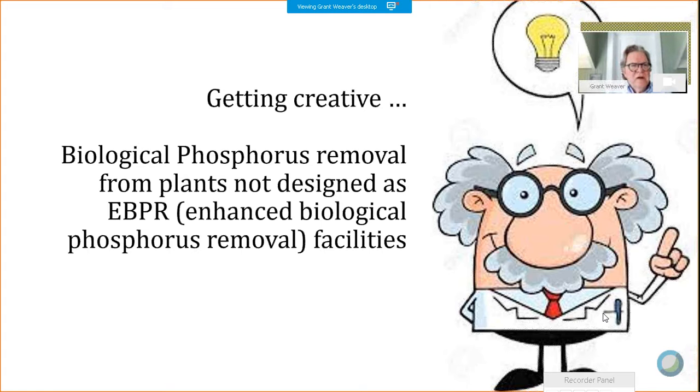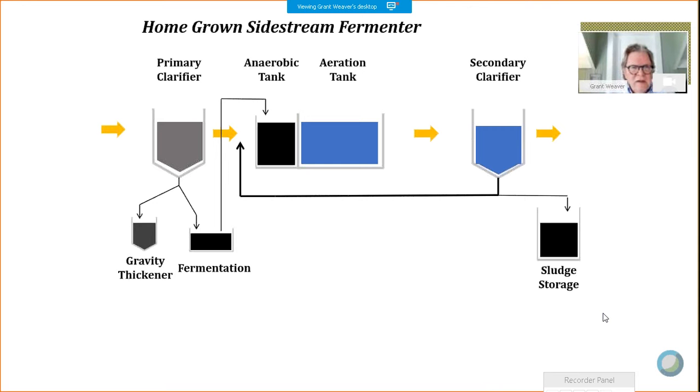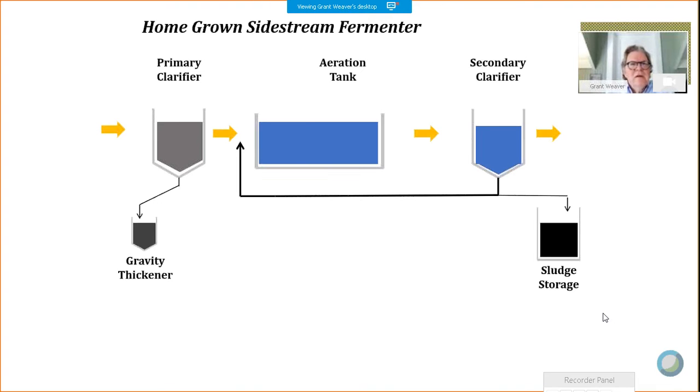Okay, so we have a facility not designed for phosphorus removal. This will be my last session with the phosphorus and then the case study. So I'm going to erase the design and bring it back to something close to what those of you watching have.